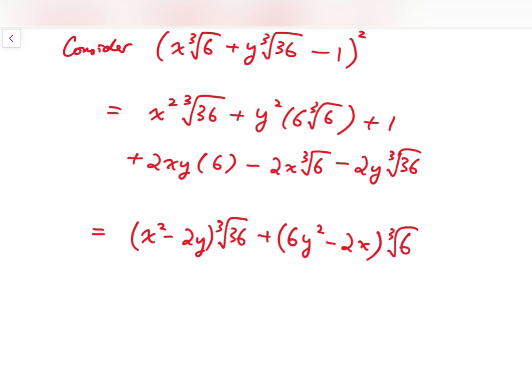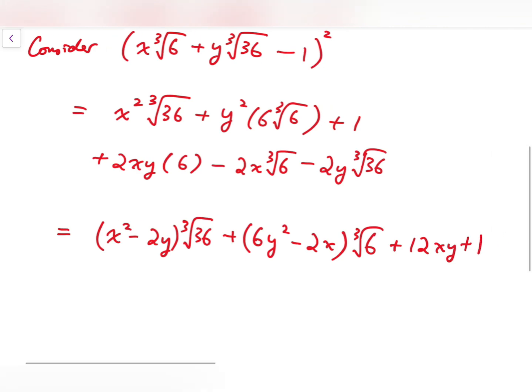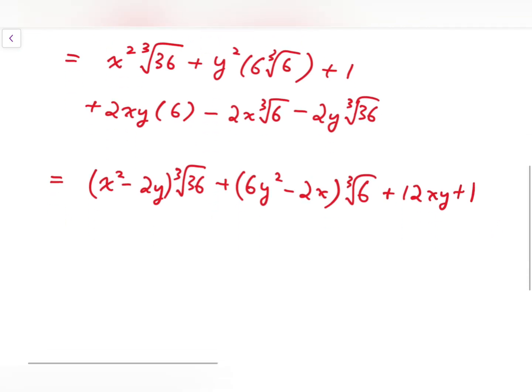And lastly, for terms that do not relate to cube roots, it is 12xy plus 1. And we hope that we can find x and y such that this expression will be identical to 49 plus 20 times cube root of 6. So I hope, just hoping, that this is equal to 0, this is equal to 20, and this is equal to 49.